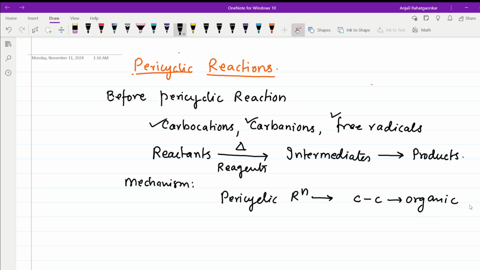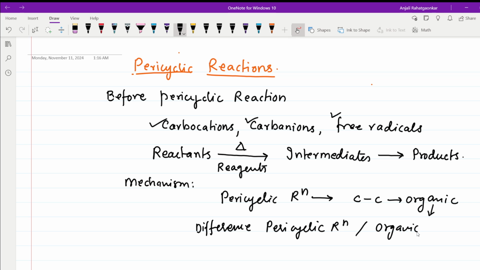Now what differs these reactions from the other organic reactions?